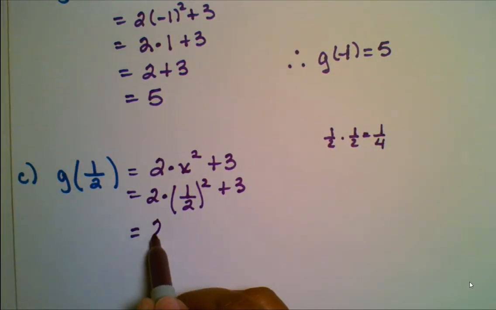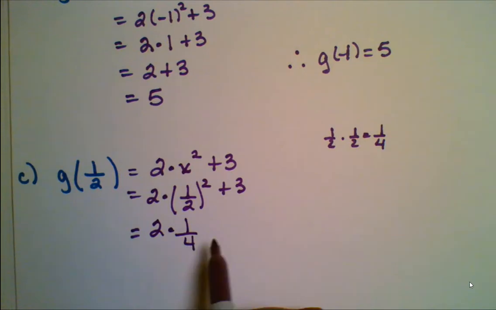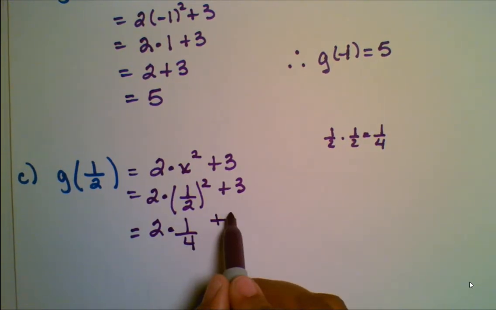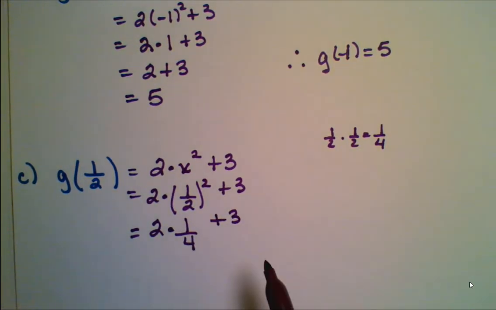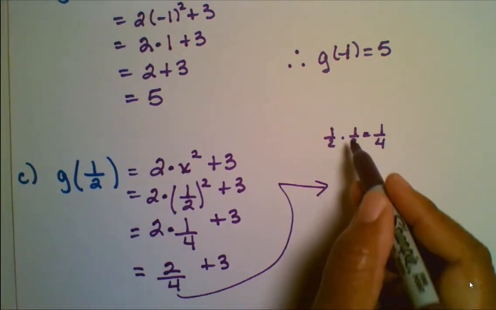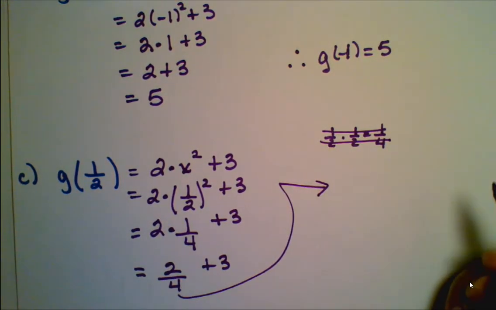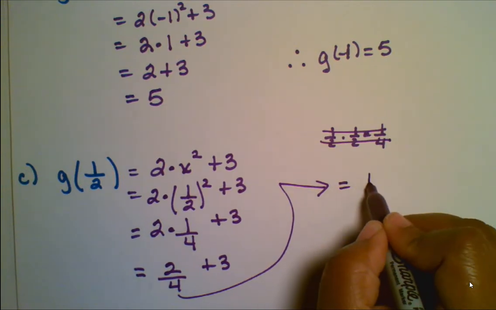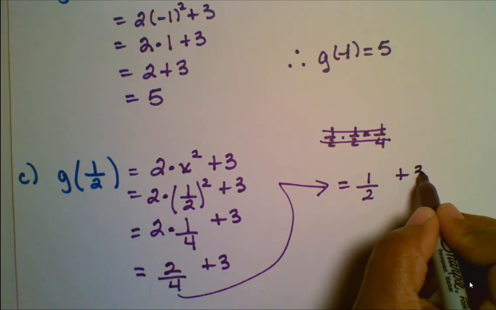So we have 2 times 1/4 plus 3. That would give us 2/4 plus 3. Now, if you want to, you can reduce that 2/4, which would be 1/2 plus 3.